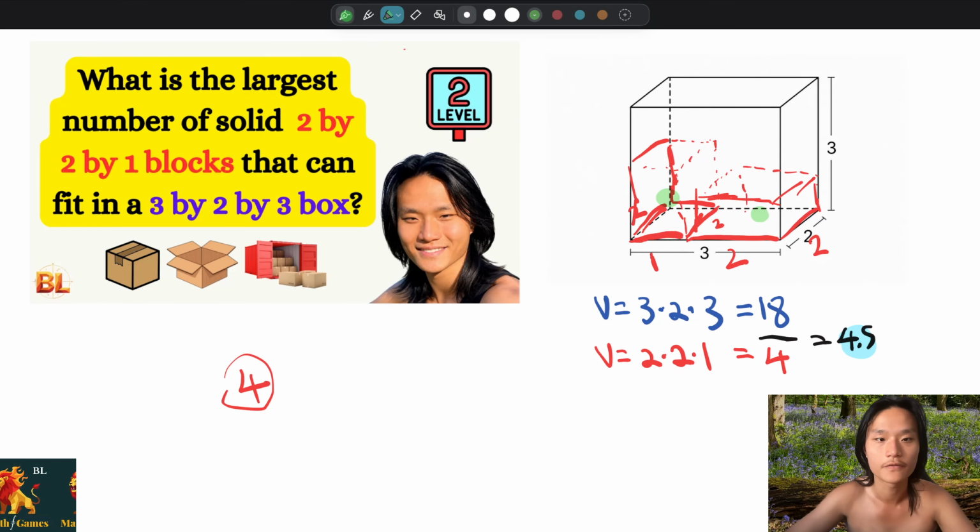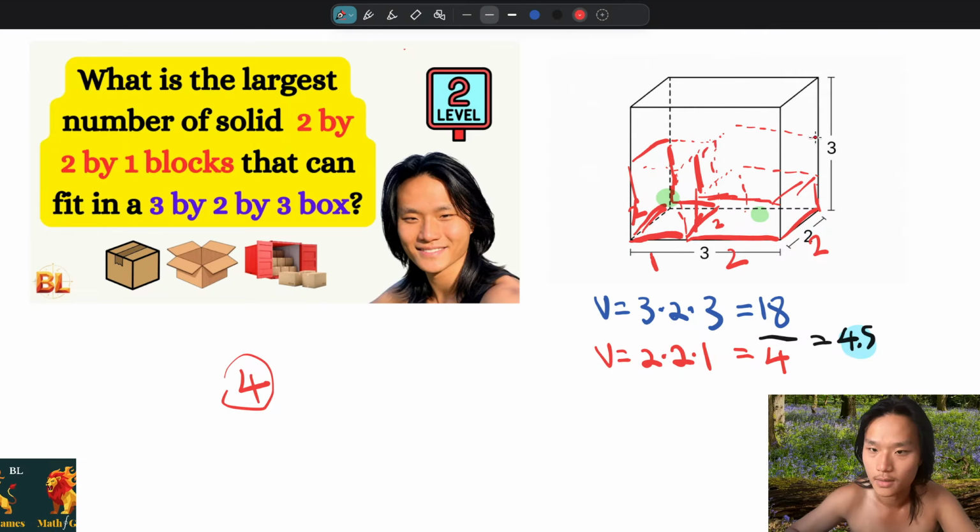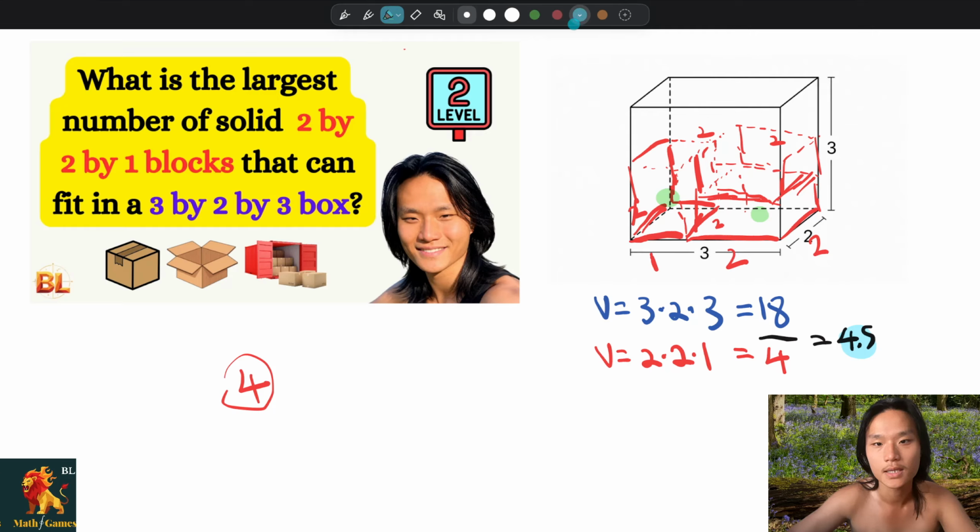So let's do our third block, okay? I believe in here we can fit our third block because this is the length of 1. And then the size of 2 here, and then the size of 2 there, okay? So there's another block here, right? I'm going to use another color to highlight it so that it's a bit easier to see.